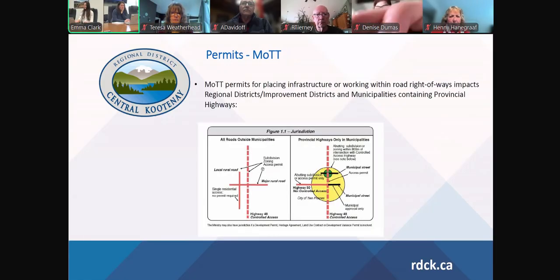So, project planning. If you want to just pause there, I'll speak to the two slides that I've added in here, project planning lessons learned. So, meter pit placement on private property. This is something that Chris will speak to more with regard to bylaw amendments and the consent waiver forms that will be provided to the property owners.